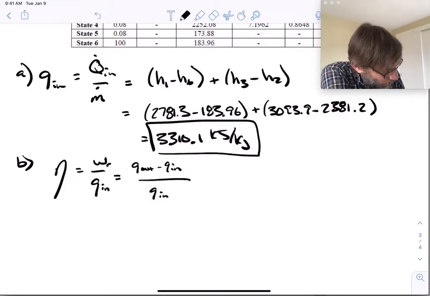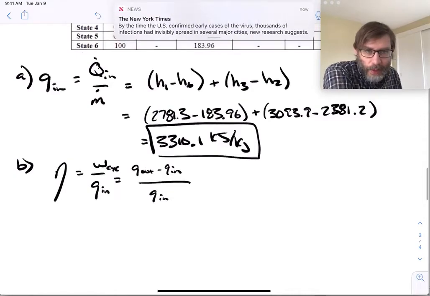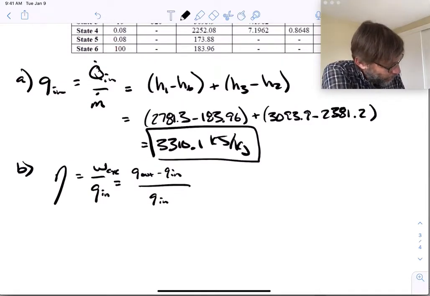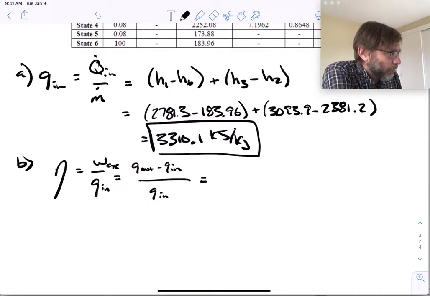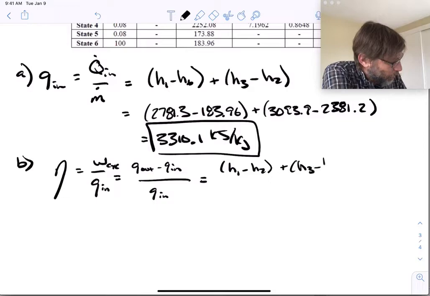So work of the cycle. So this is total work of the cycle, including the work done to the pump, right? But you can just use the first law for a cycle to get this easier. So H1 minus H2 plus H3 minus H4 minus H6 minus H5, right?